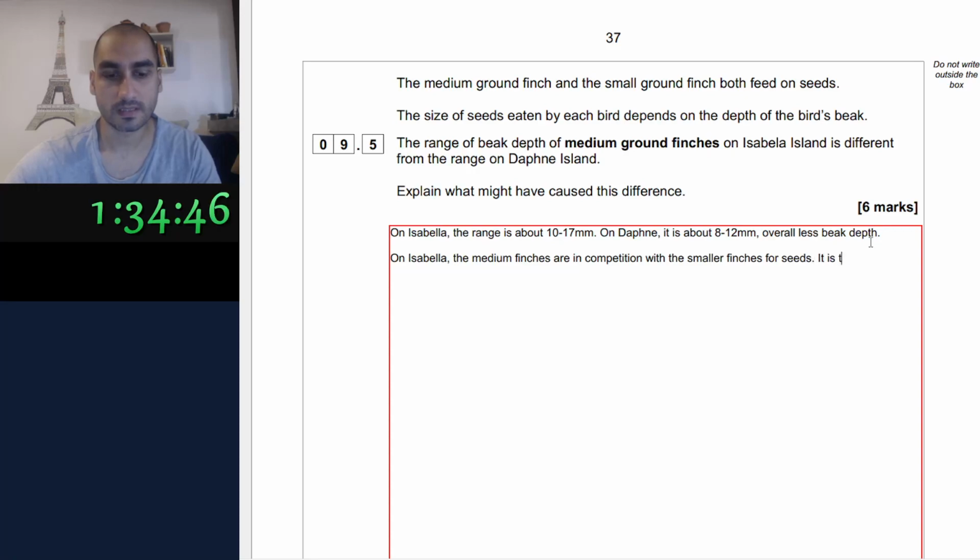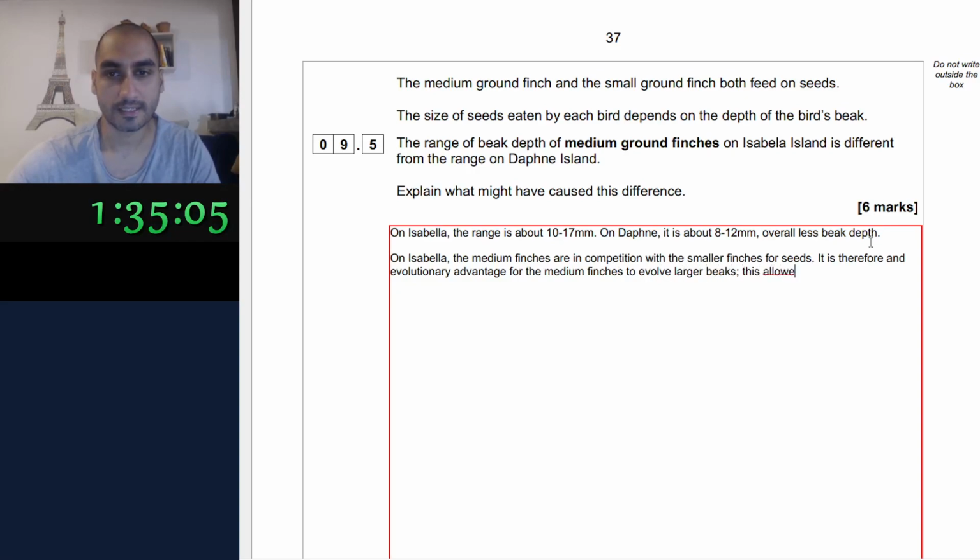It is therefore an evolutionary advantage for the medium finches to evolve larger beaks.